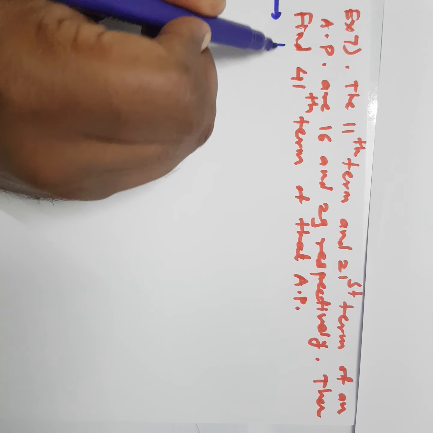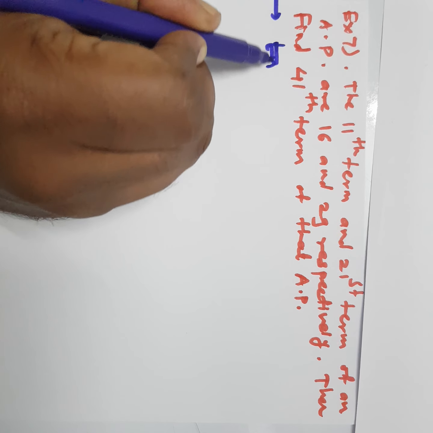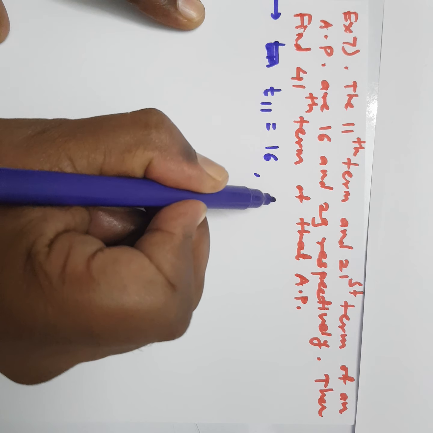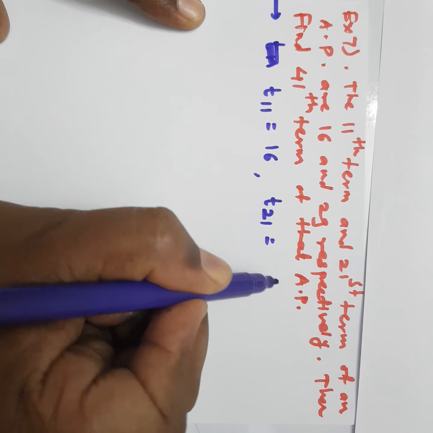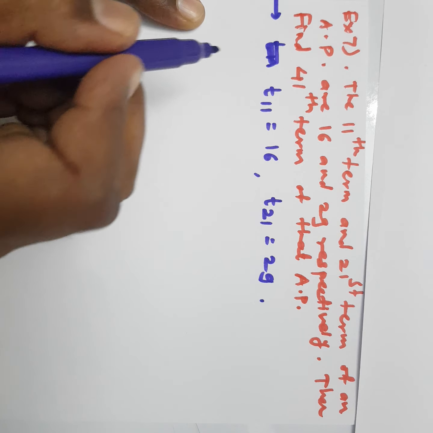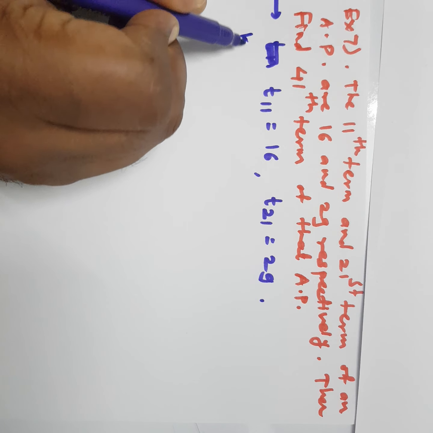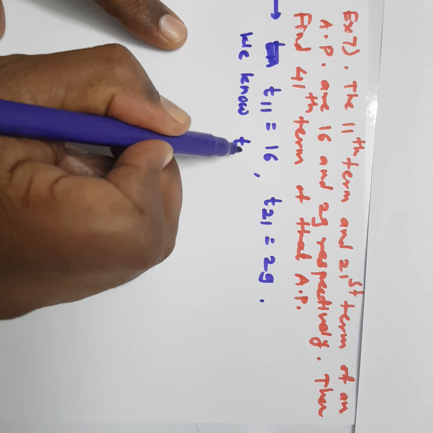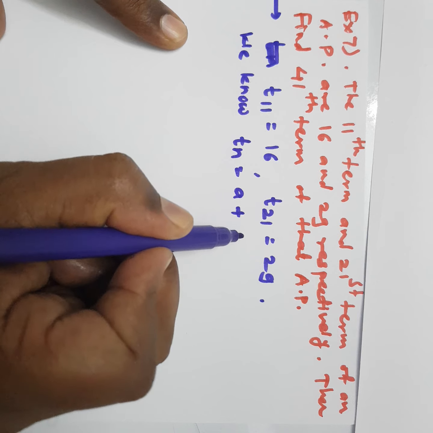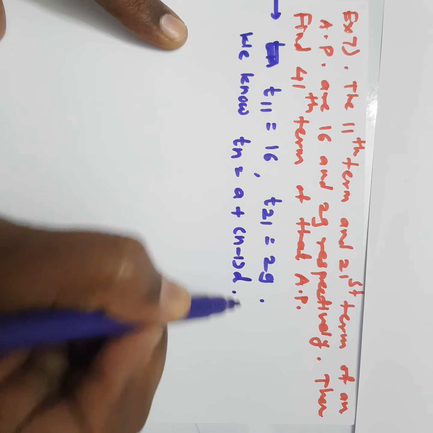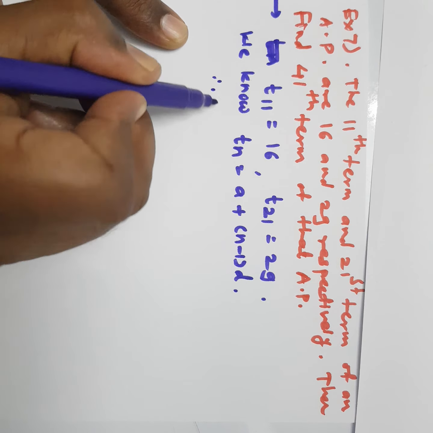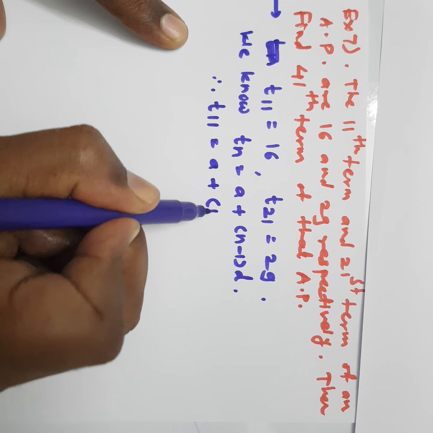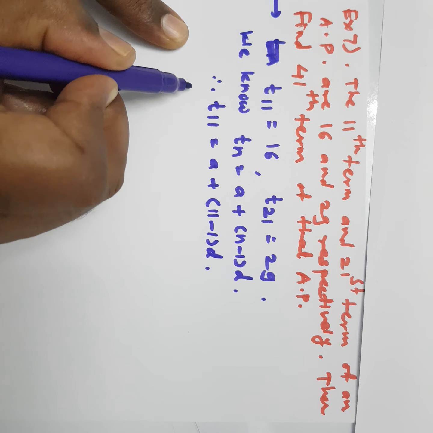Here T11 is equal to 16, T21 is equal to 29. We know the formula for the nth term, that is Tn is equal to a plus n minus 1 into d. Therefore, T11 is equal to a plus 11 minus 1 into d.